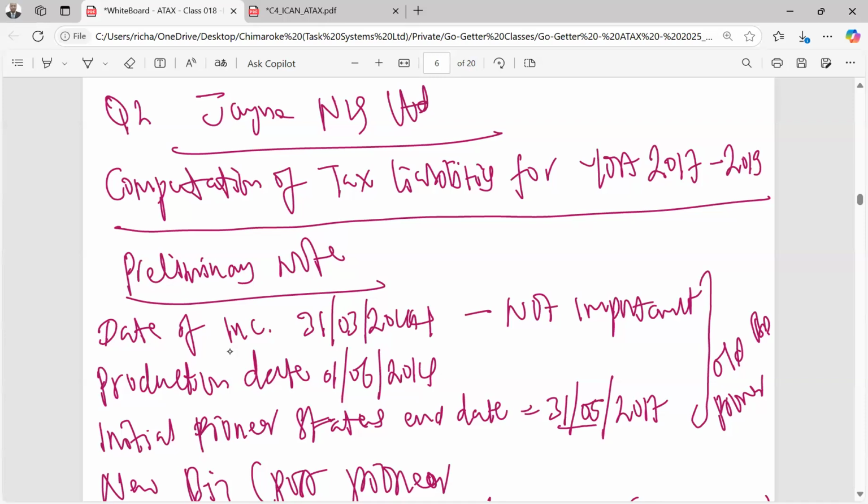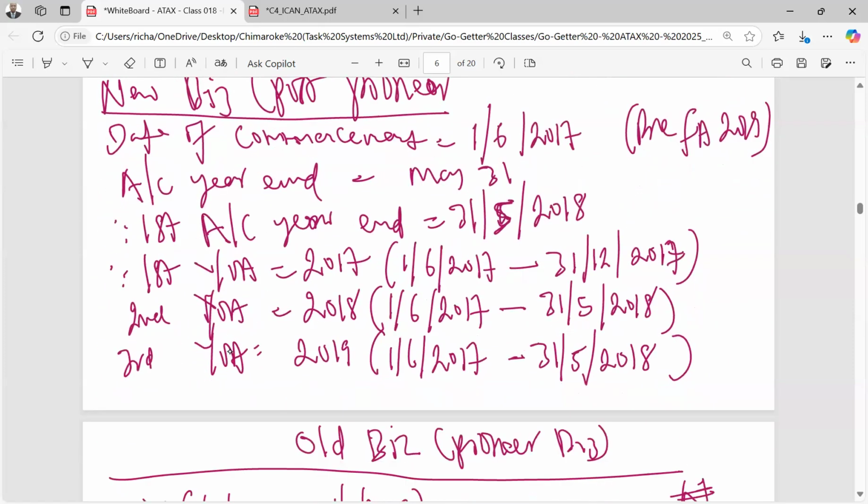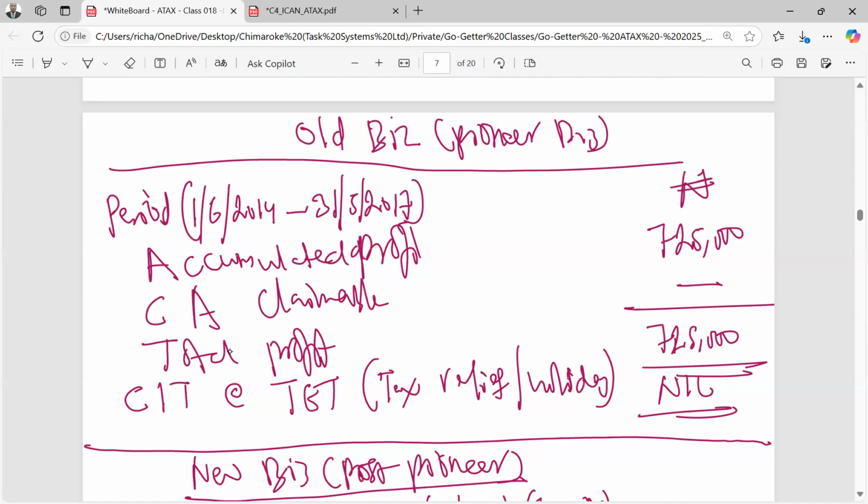So suffice it to say, when you are giving pioneer business, there is a calculation. What they are testing you on is basis period. The real pioneer business is this first one you've done, by noting when the pioneer business will start and end, accumulated profit and all that, and remembering that your capital allowance is not charged, it's taken as if it is bought on the first day of the new business. That is pioneer.